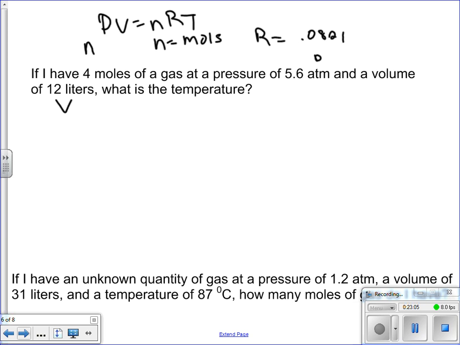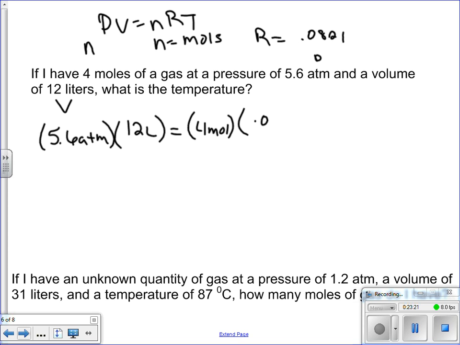So we're solving for T. So I'm going to start with 5.6 atmospheres times 12 liters equals 4 moles times our constant of 0.0821, and the units for this are atmosphere liters over mole Kelvin, and your book goes over all of that with you. And then T for temperature, and that's what we're solving for.